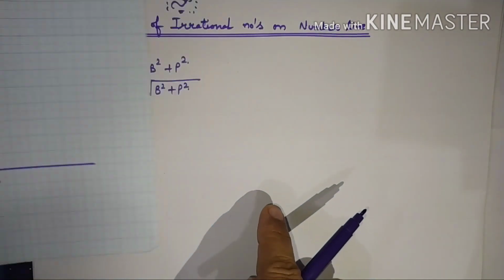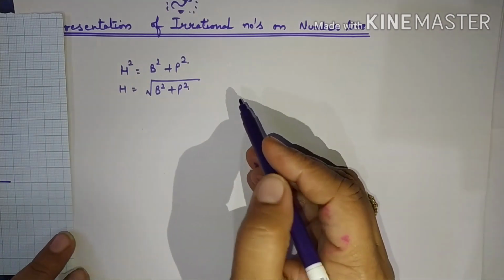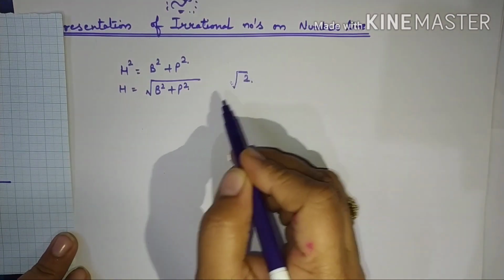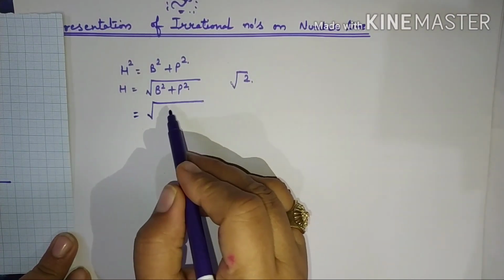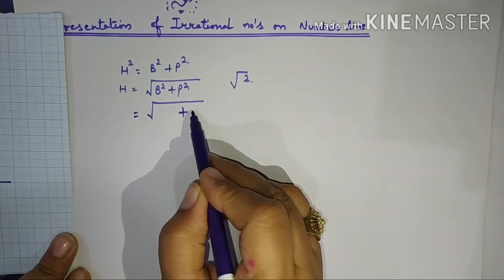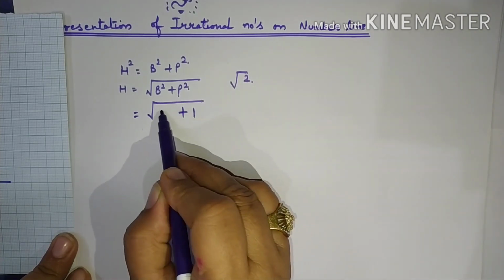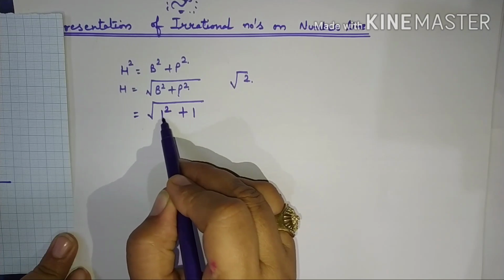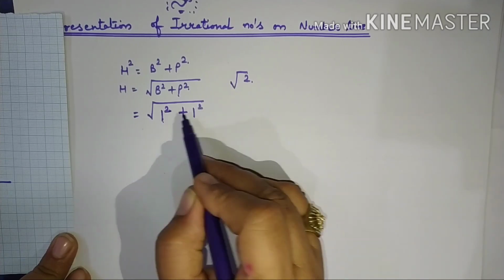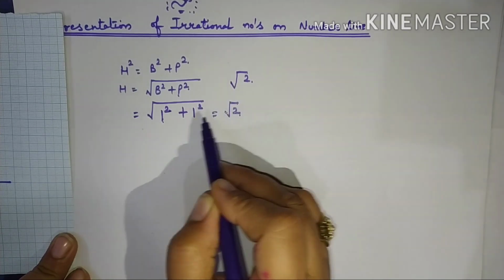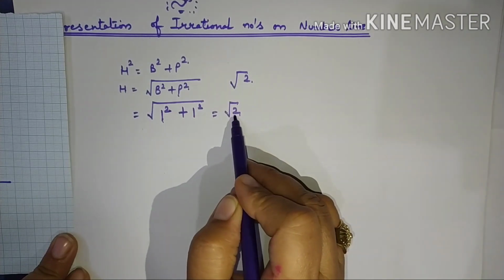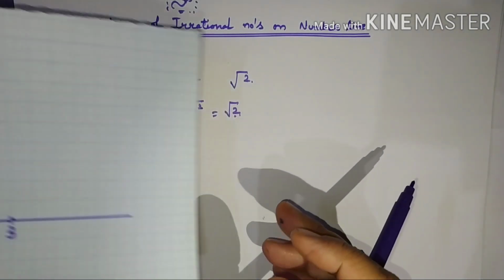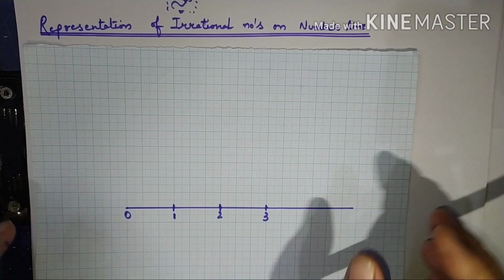So to represent root 2, I will take perpendicular as 1 and base as 1. 1 square is 1, 1 square is 1, so the hypotenuse will be root 2.